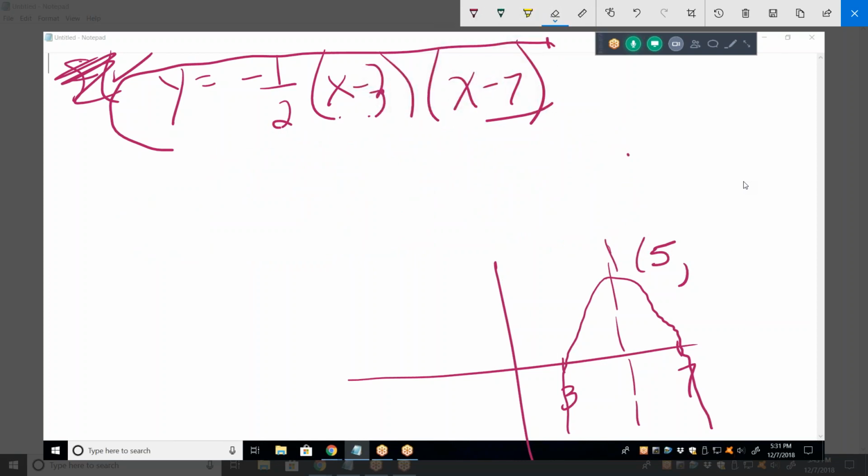But in order to graph it, we need the y-coordinate also. In other words, I know all my points, right? This point is at 7, 0. This point over here is at 3, 0. And this point right there is at 5, something. If I have the something, then you got your 3 points and you can graph it. Okay. So how do I figure out this value right there?